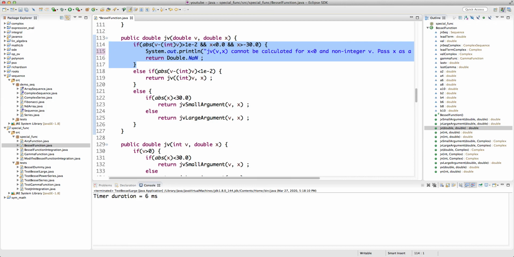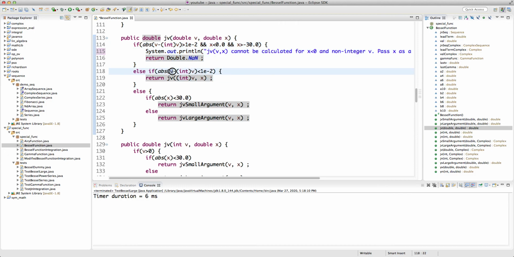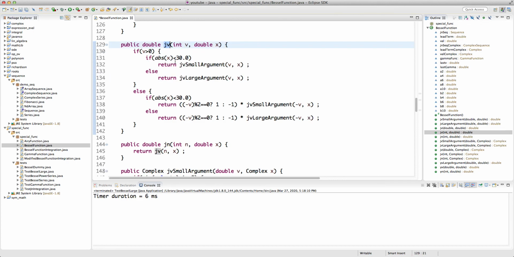And then the next thing is to check whether or not nu is an integer. It's not necessary, but we can check it. And if it's an integer, then the question here is whether it's less than 30, and if nu is positive.